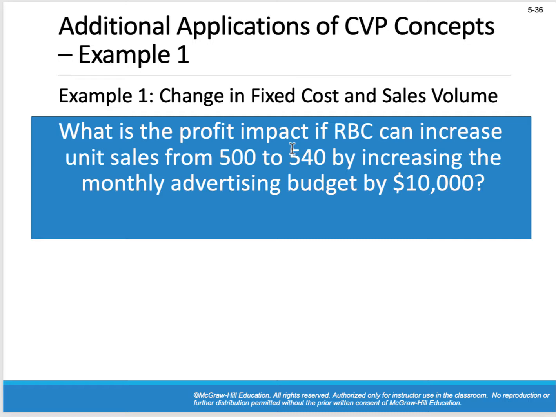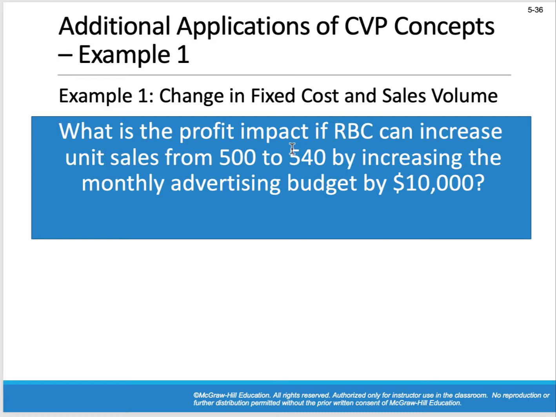So what we're saying here is we're in a meeting and the CEO says, okay, folks, we need to increase our sales volume. We need to sell 40 more bikes. How can we do this? Somebody from the marketing department raises their hand and says, hey, I got a great idea. If we increase our monthly advertising budget by $10,000, meaning we advertise more, I think we can achieve this 40 unit increase in sales.